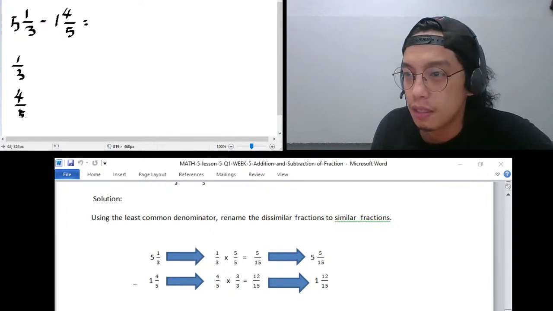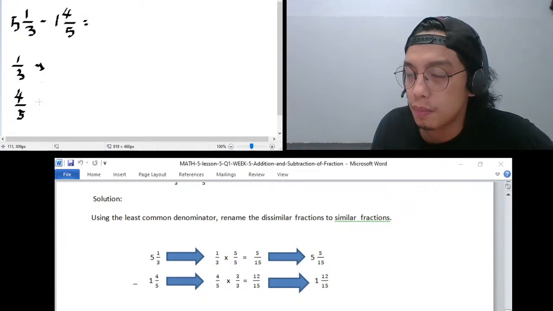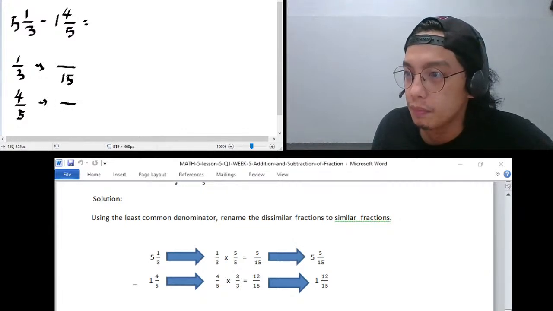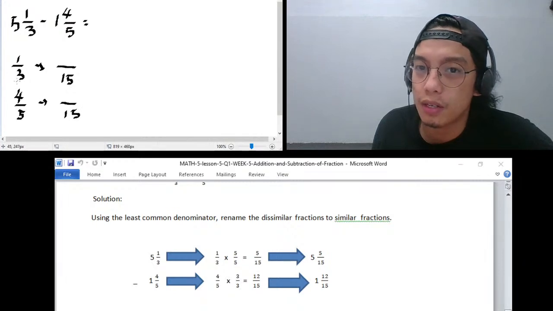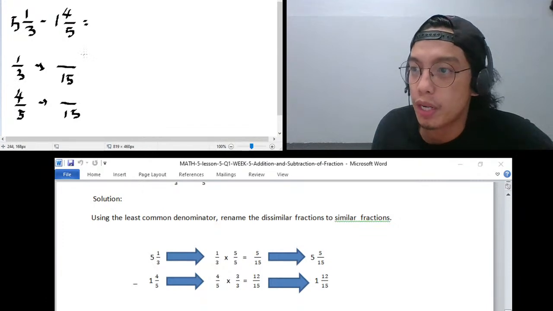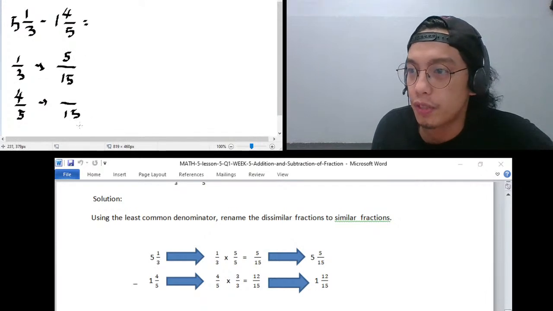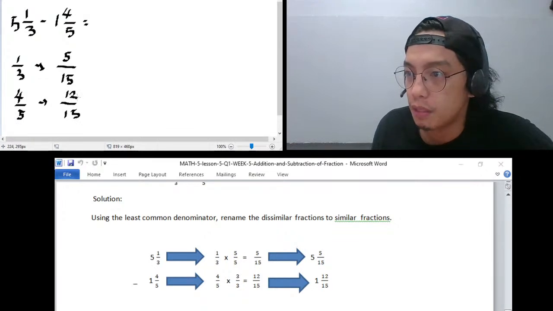Okay. The LCD niya, ma-convert siya nato into similar fractions with the LCD nila. Ang LCD katong ganiha, we did this already, it's 15. Okay. Right. 15 divided by 3 is 5, and 5 times 1 is 5. So similar ni siya, ha, parang LCD. 15 divided by 5 is 3, times 4 is 12.